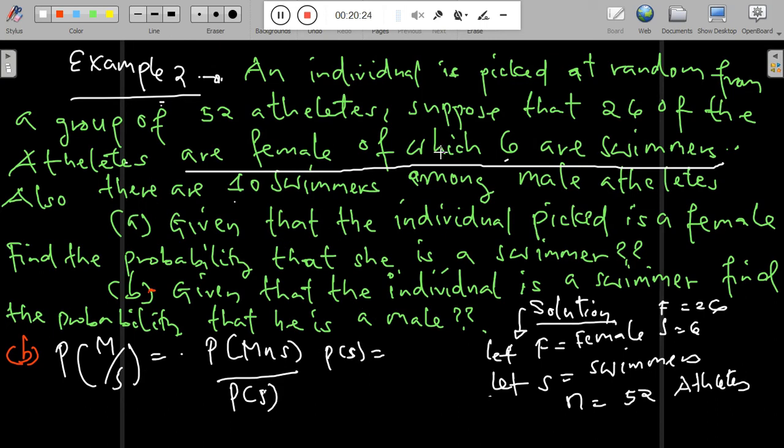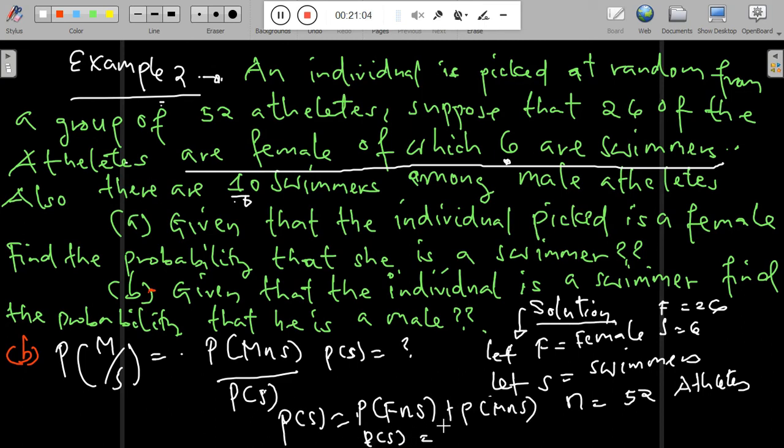Since we need the probability of swimmer, we need to check all the intersections between female and swimmers and male and swimmers. So the probability of swimmer gives 6 over 52 plus 10 over 52, which is equal to 4 over 13, as you observe.